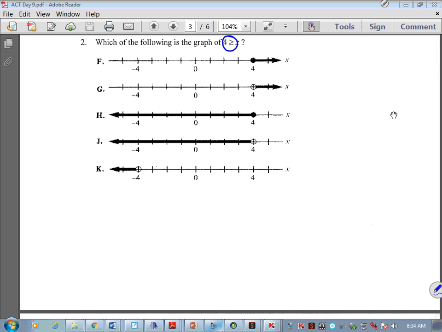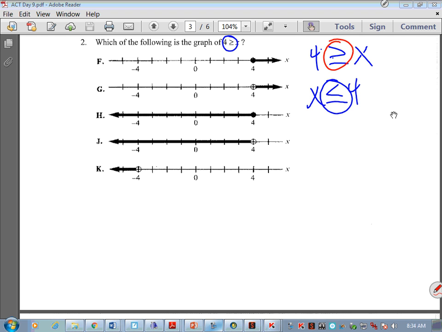I know it says 4 is greater than or equal to x, we could also write that as x is less than or equal to 4, and that's going to allow me to see the direction that inequality should go because we're going to put our variable on the left-hand side. Does that make sense? A lot of people look at the inequality here and just assume to the right and end up with F. Did anybody get F for an answer on that?